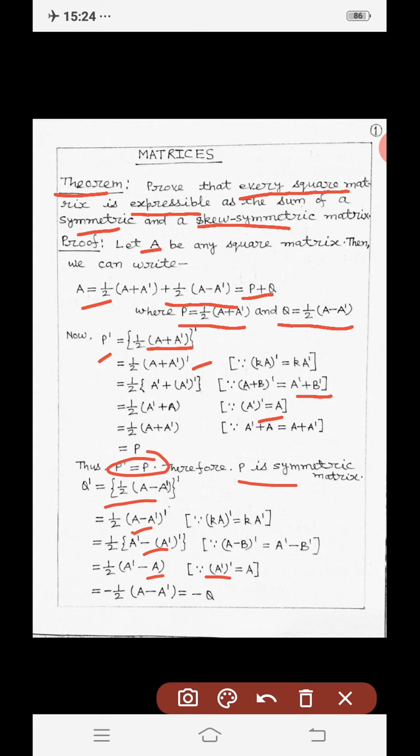Here we take minus 1 common, so we get minus 1 by 2 (A minus A transpose), and this is equal to minus Q.